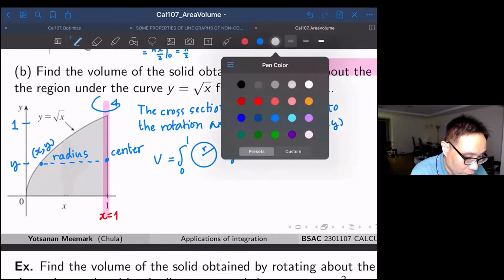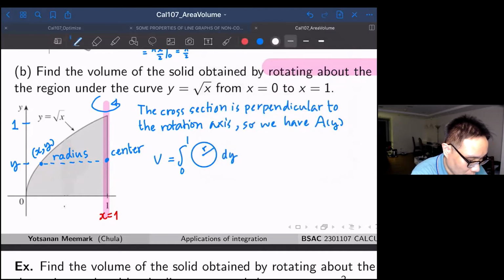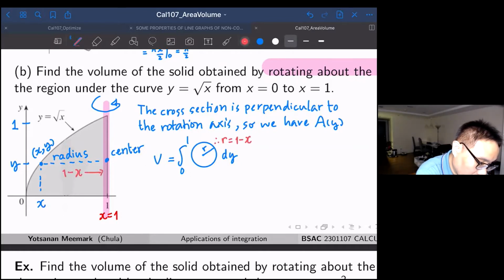So in this case, let me erase my x. You're gonna project this x down, okay? So you're gonna have the radius r equal to 1 minus x. Okay, so this will give you this distance.